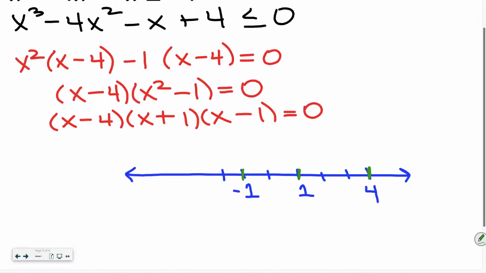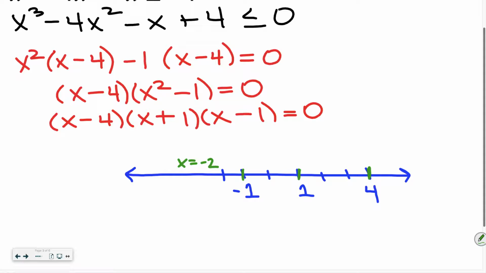You don't necessarily have to, but what would be a nice number to plug in that is less than negative 1? Negative 2 would be an excellent choice. And if we plug in negative 2, negative 2 cubed is negative 8. Minus 4 times negative 2 squared, we would have negative 8 minus 16 plus 2 plus 4.